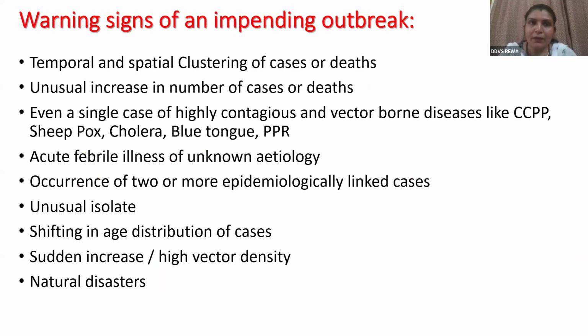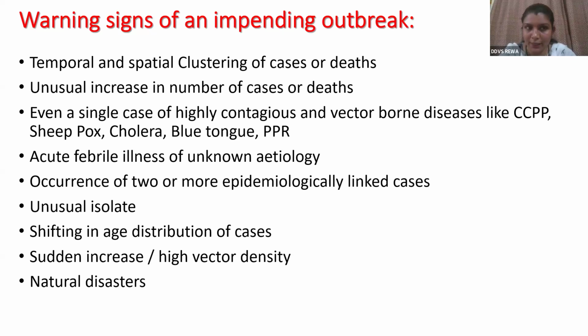So how can we decide whether a disease is in an outbreak condition or not? There are certain warning signs indicating that the disease may progress into an outbreak. First and most important is a linkage between the cases.